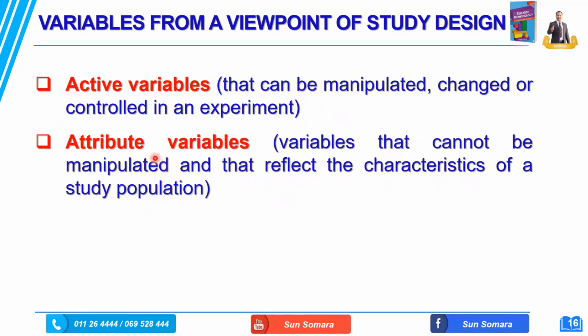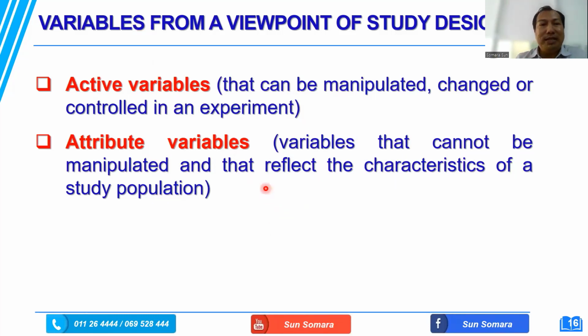So for the attribute variable, we can say like age and gender, which you cannot change, right? But this part can be about their perception, about their idea. It might be changed based on their gender and their age, right?